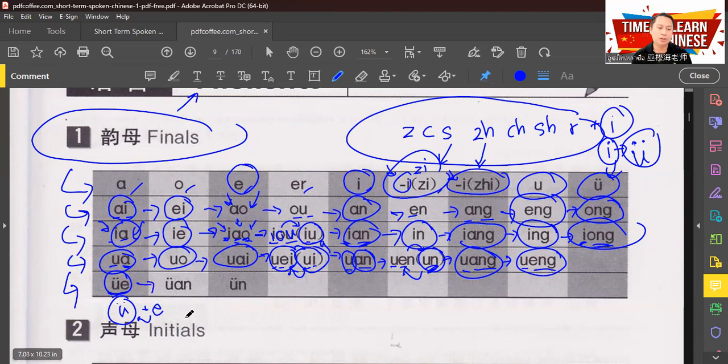Okay. Go to the next one. U dot and AN is an. U dot is U and AN is an. U mixed with an is yuan. Like this. Okay.